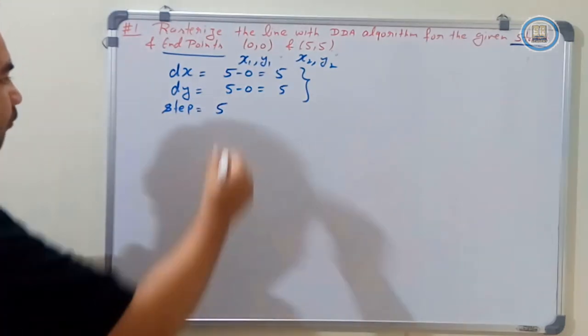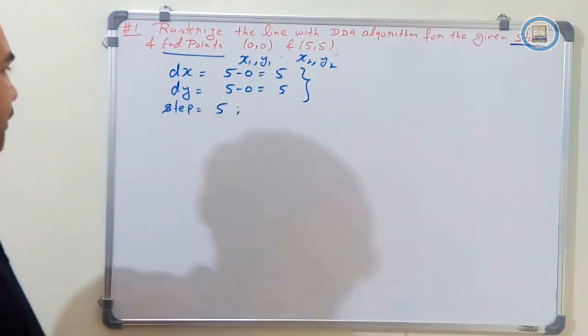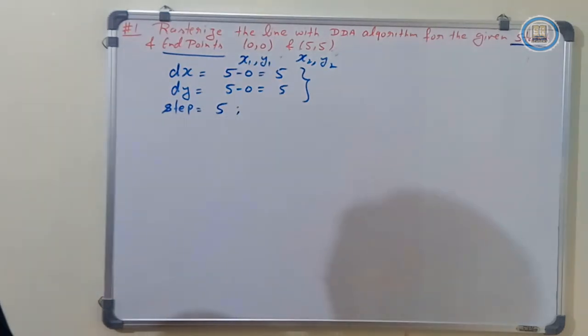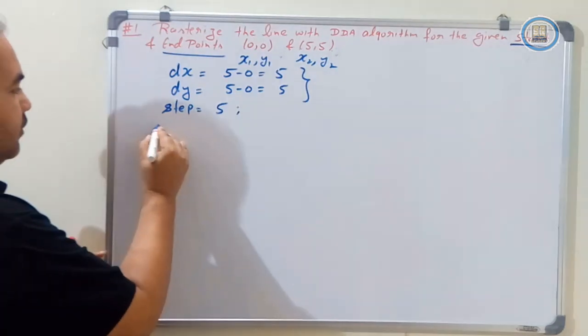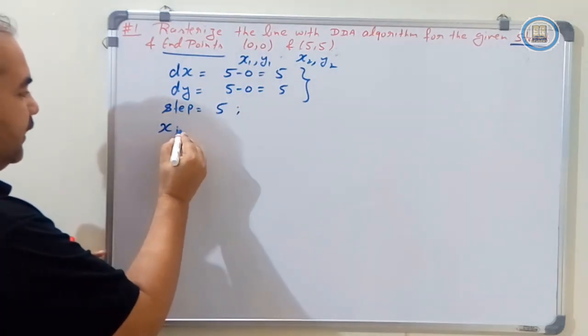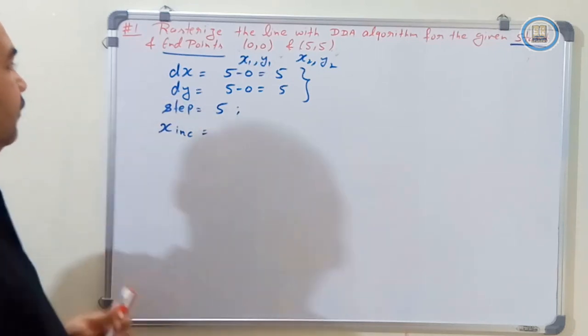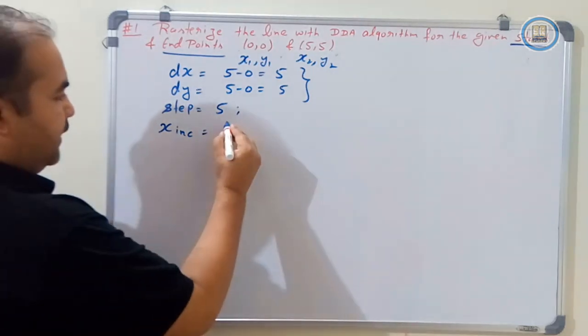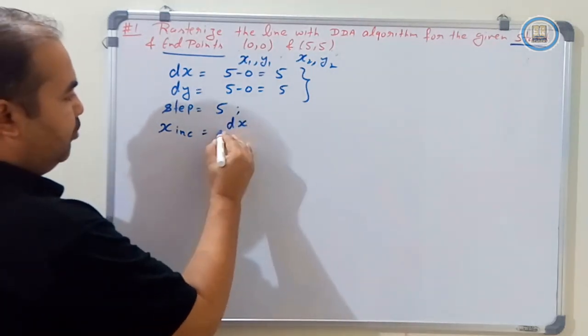What is the next thing we need to calculate? The next thing we need to calculate is the value of x increment and y increment. How can we calculate the x increment? It is dx divided by step.